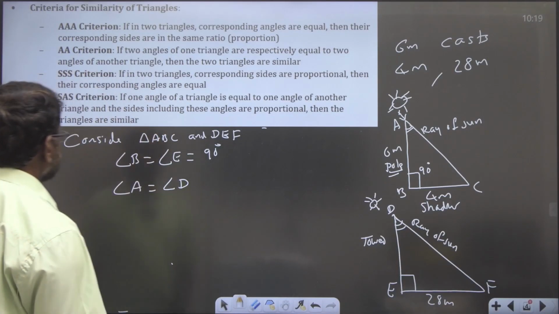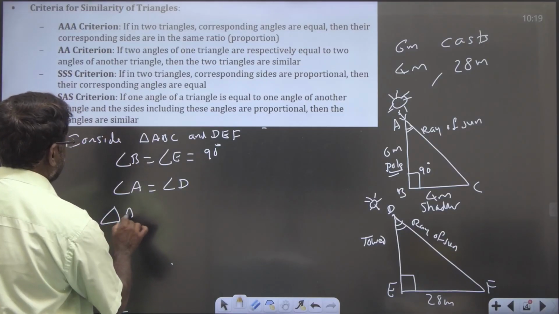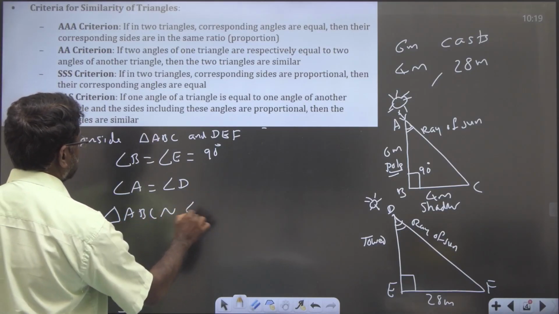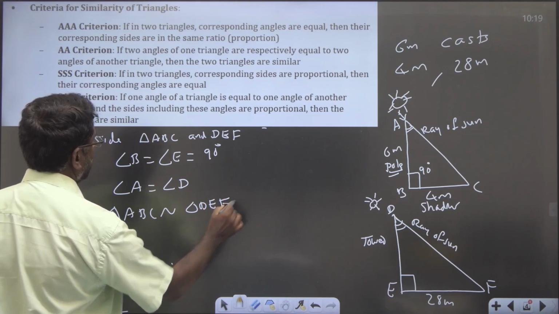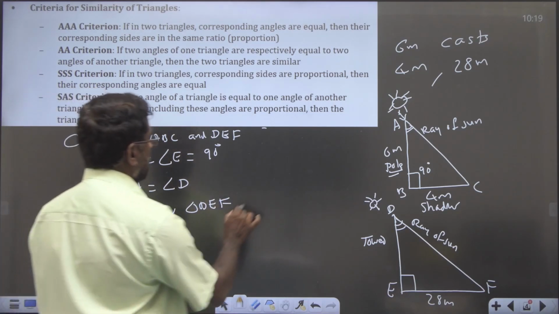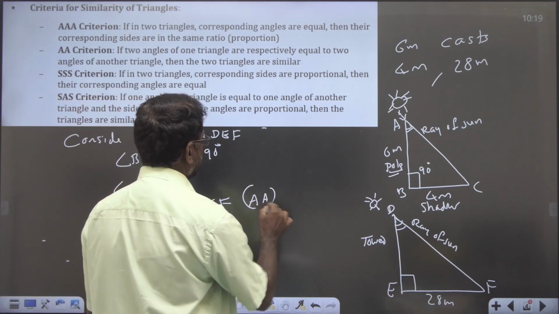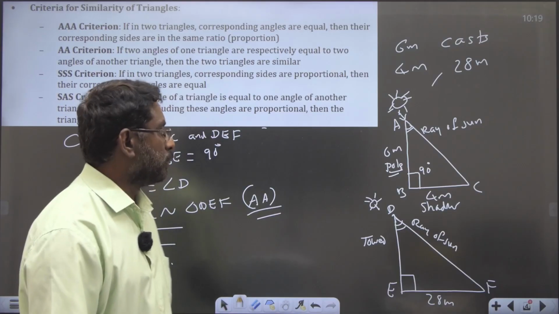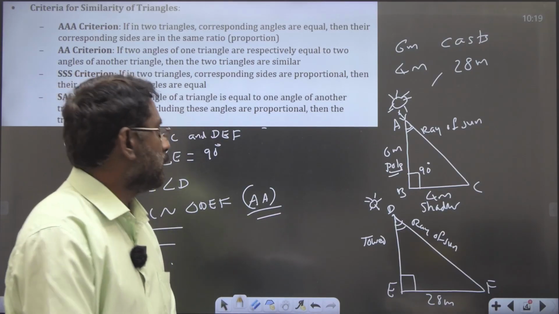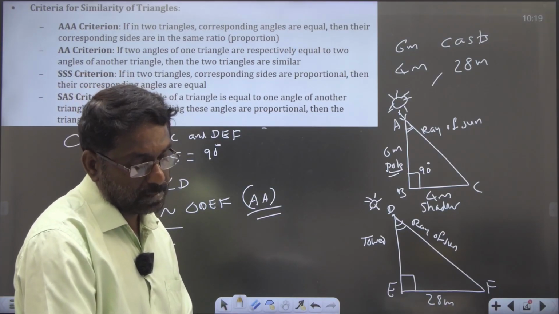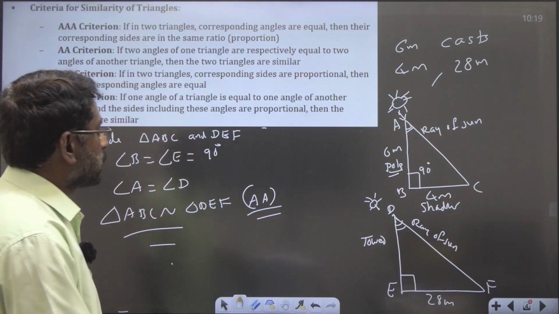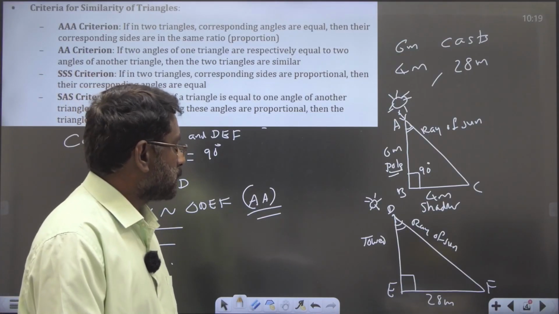So we can say that triangle ABC is similar to triangle DEF. What is the reason? AA criterion: two angles are equal, then automatically the third angle is equal. Therefore, the corresponding sides are proportional.